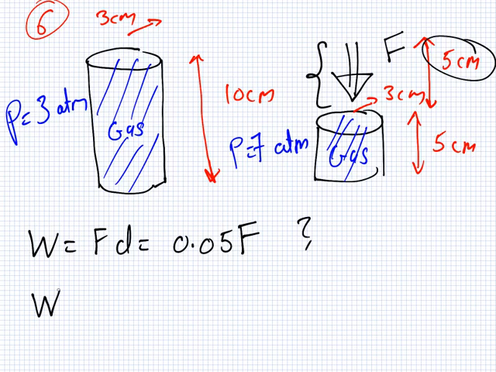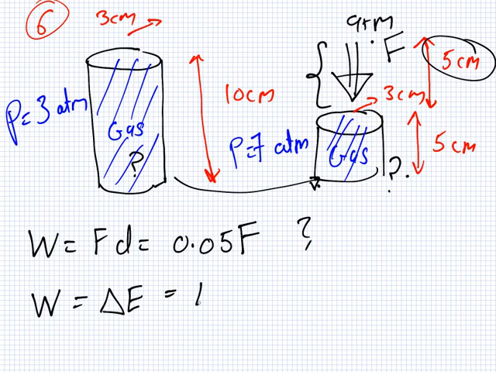But there is another way to do it. You can also say the work done is the change in the energy. If this got more energy, it got more energy because the arm did work to it. So we think the energy here should be bigger than the energy here, and it got the extra energy from the arm.